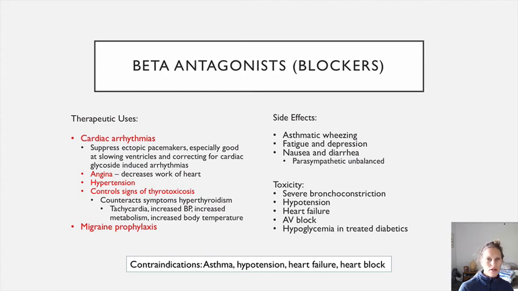They may cause an AV block, and they may cause a low blood pressure in diabetics that are being treated with other medications. So that's something to think about. So we would want to seriously reconsider using them in asthmatics, in people that are already hypotensive, in people who have already been diagnosed with heart failure.